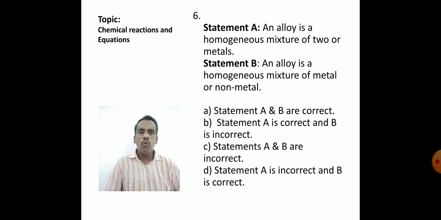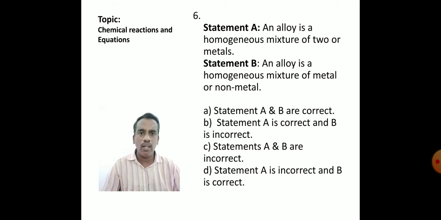Let us see the options. Option A: statements A and B are both correct. Option B: statement A is correct, but B is incorrect. Option C: statements A and B are both incorrect. Option D: statement A is incorrect and B is correct.